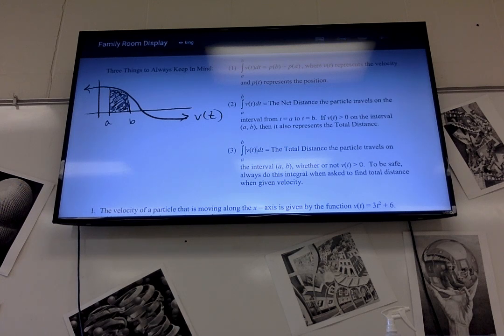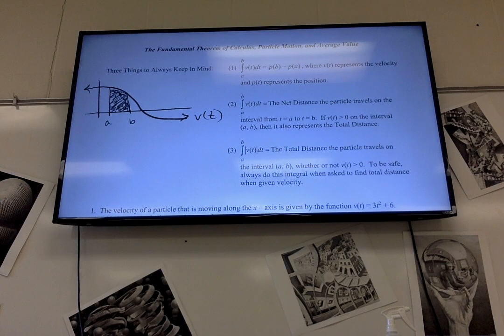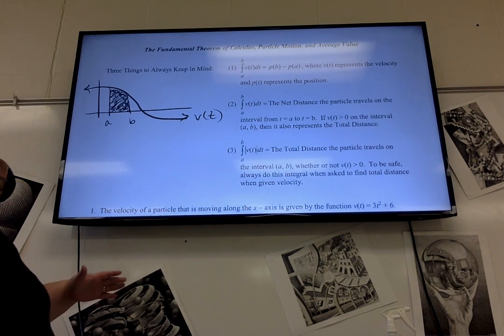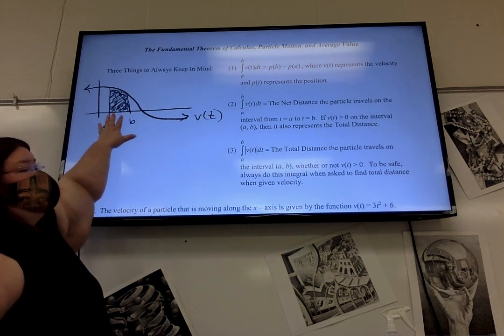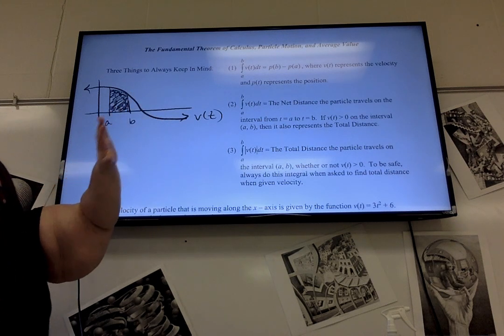We're closer, yeah. Okay, number 2. If you are trying to find the distance from A to B, then, like I just told you, that's the net, not distance, I said distance, the integral from A to B of the velocity. Then that's the net distance that you traveled. So that tells us how much distance I traveled.